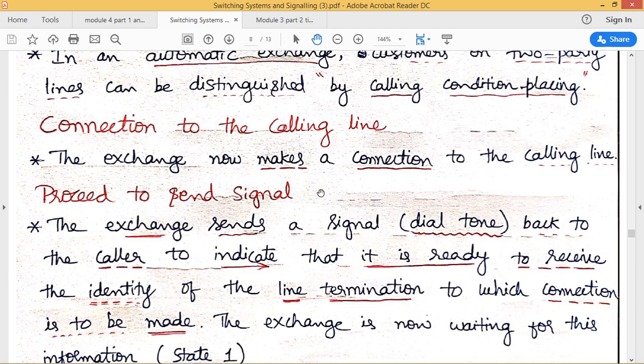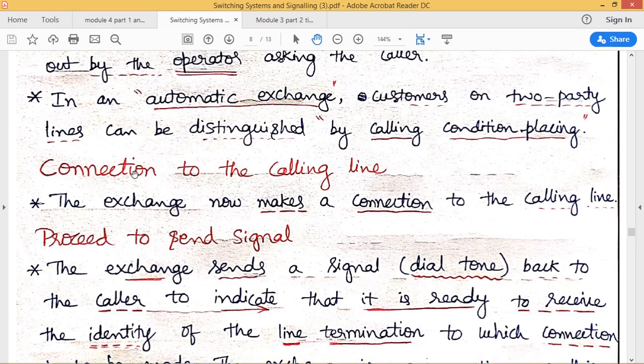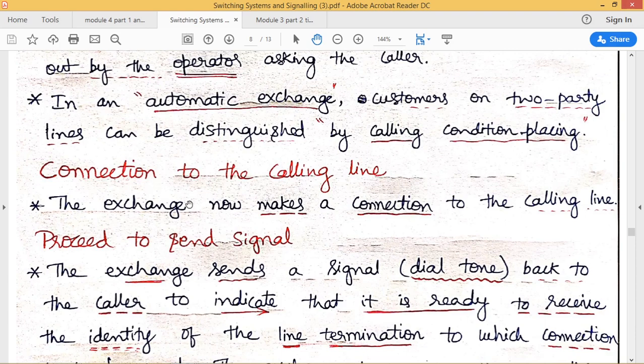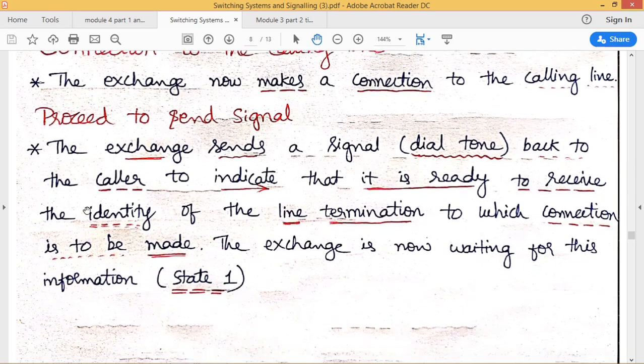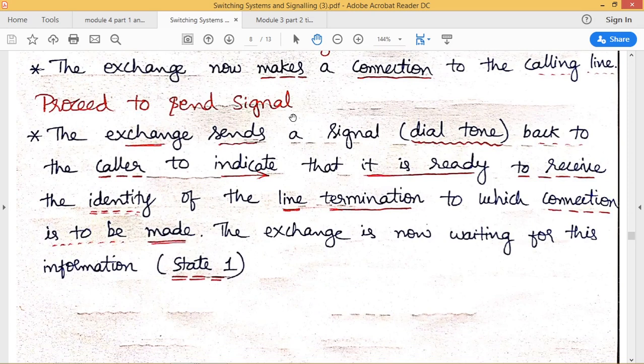Once he lifts his handset, a connection will be established to the exchange, though a lot of operations are involved. After this, the proceed to send signal is sent from the exchange to the calling party.